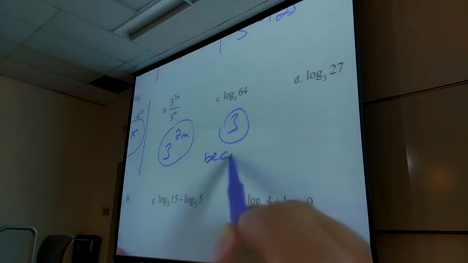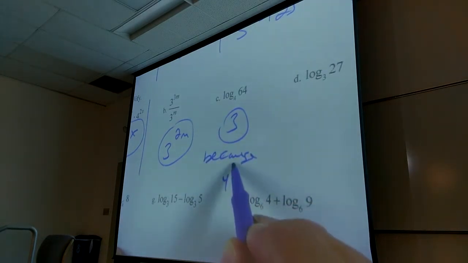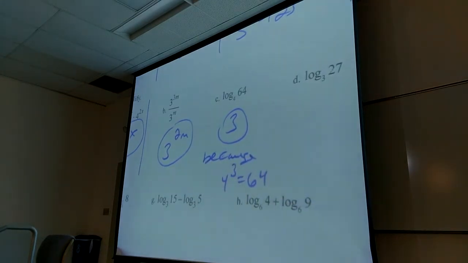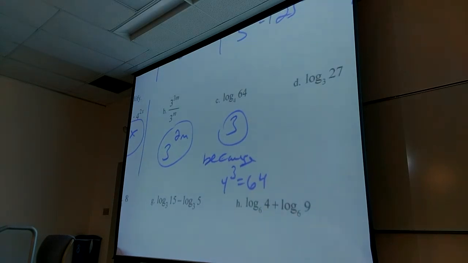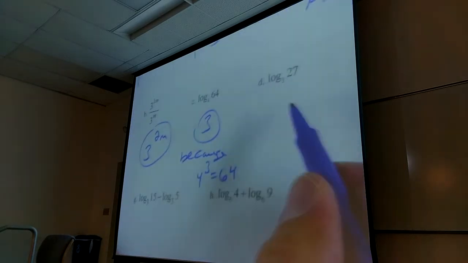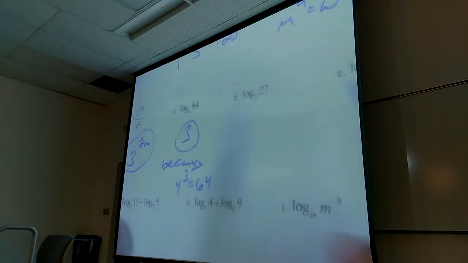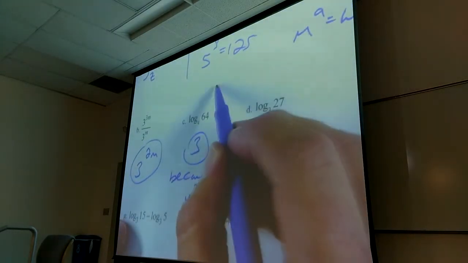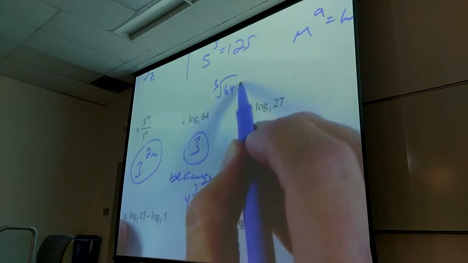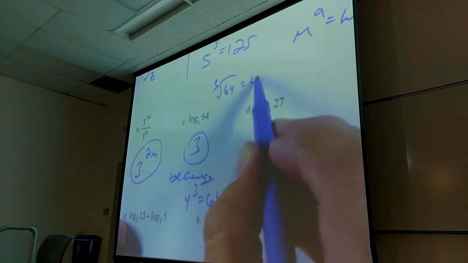Because 4 cubed is 64. In fact, what's the cube root of 64? 4.